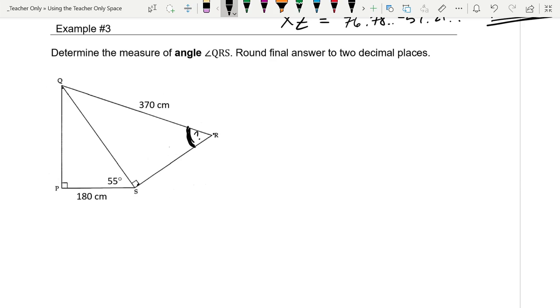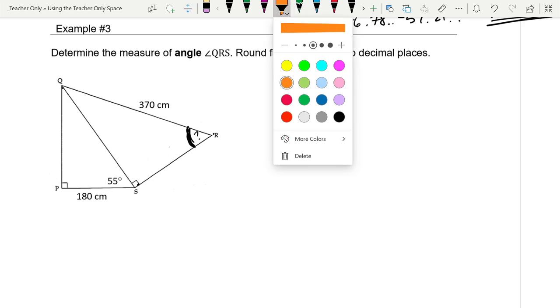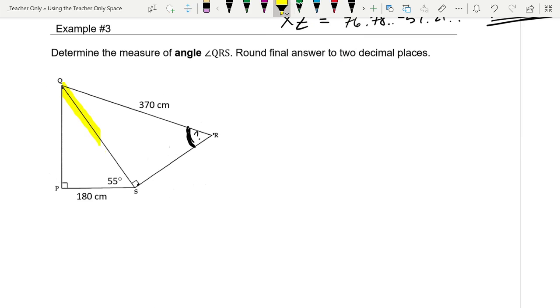I know the 370. So what I can do is use the triangle on the left, and I can find this line here, because it's part of this left triangle. So let's see, what can I do to find it?